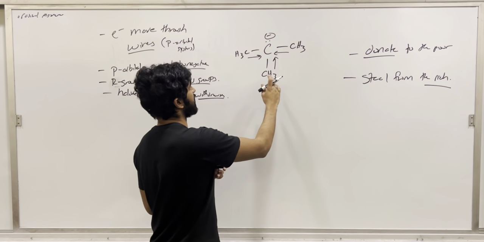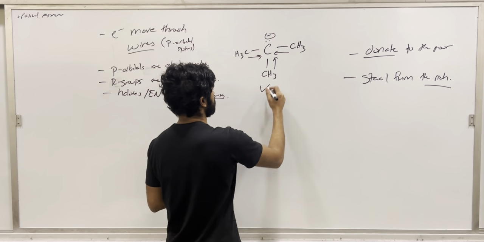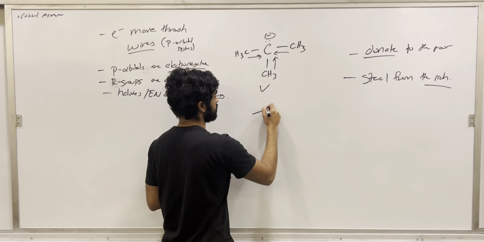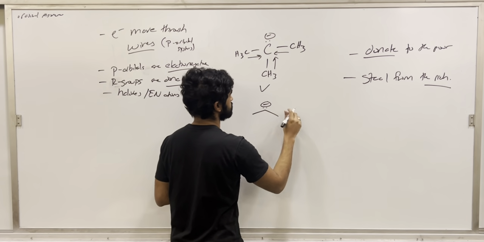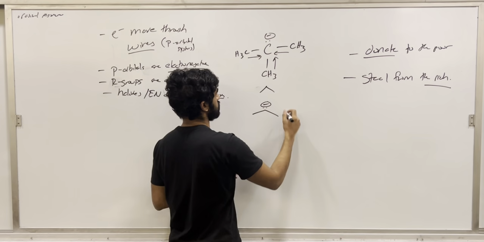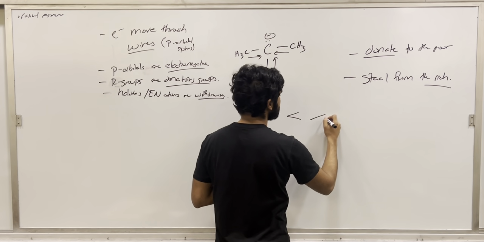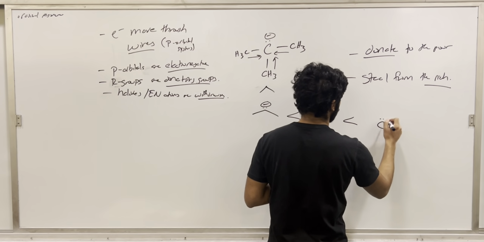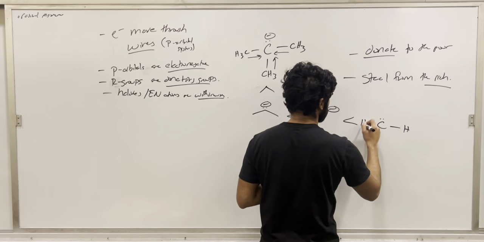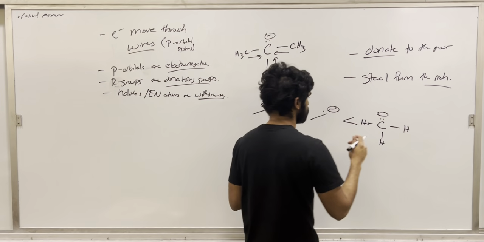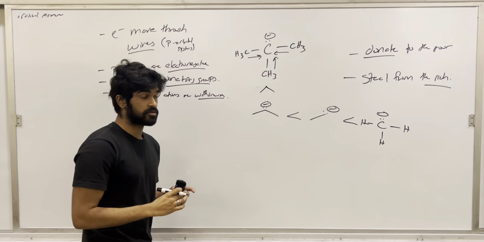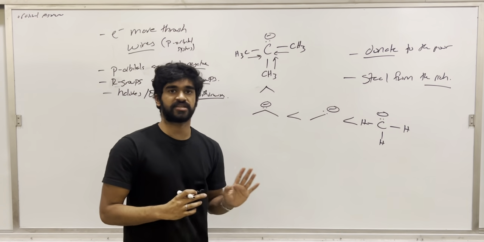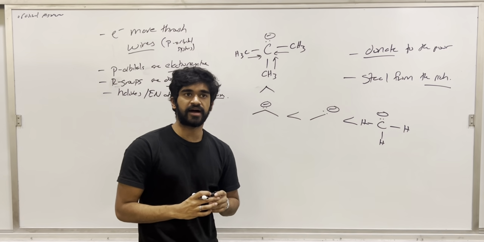So this carbanion is less stable than this carbanion, is less stable than this carbanion, is less stable than this carbanion. And that's the absolute opposite of what we see in carbocations.